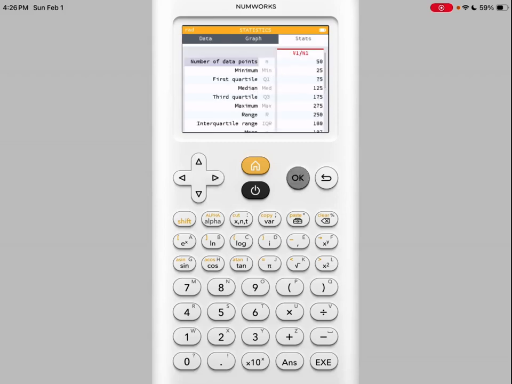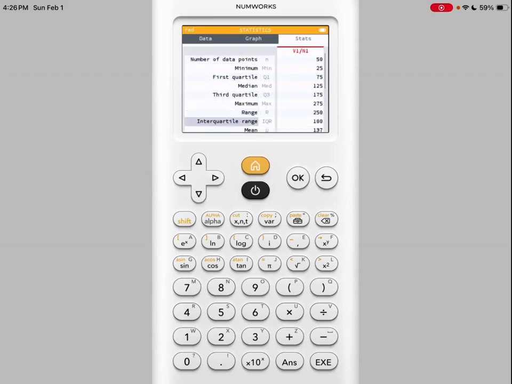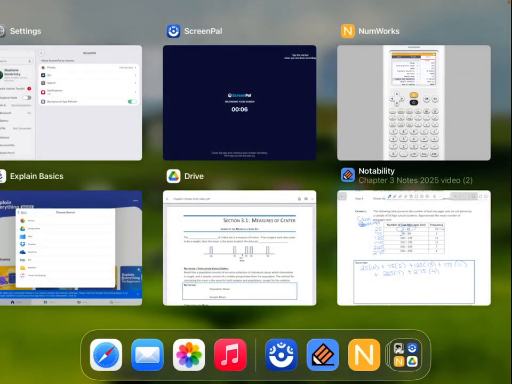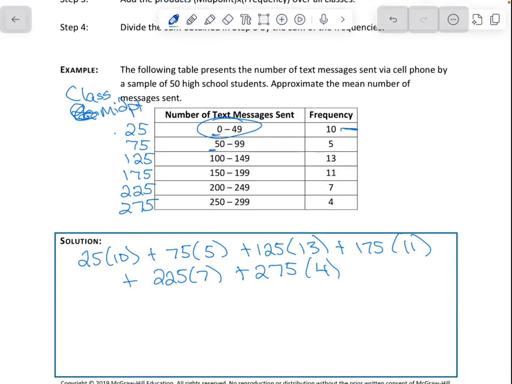Then, when you go to the stats, you can find your mean. Now, notice the mean and the sample mean are actually the same value because it doesn't know if we were given the population or a sample. We need to know whether we were given a sample or a population. So that just changes not how we calculate it, but how we write our notation. And it did say this was from a sample, so this is an X bar of 137.